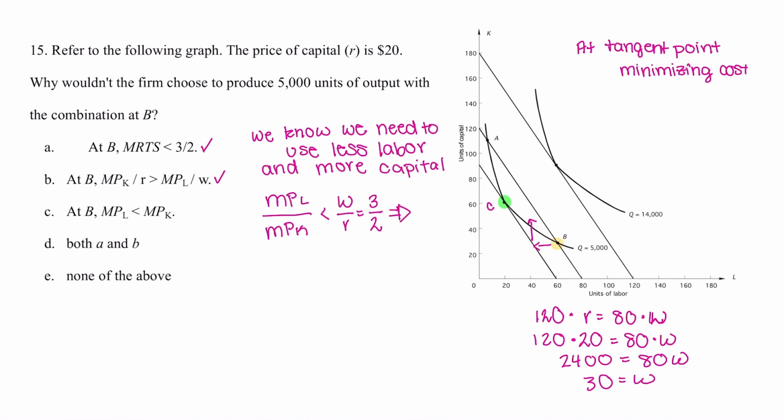And with that, just rewriting it, our marginal product of labor over our wage rate has to be less than our marginal product of capital over the rental rate.